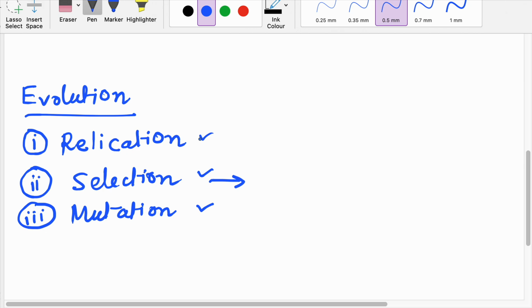This is not a good example, so let me give the example of mice living in a mountain environment. There are two types of mice, one black and one white. So why do these two types of mice exist at all? There is a reason behind that.